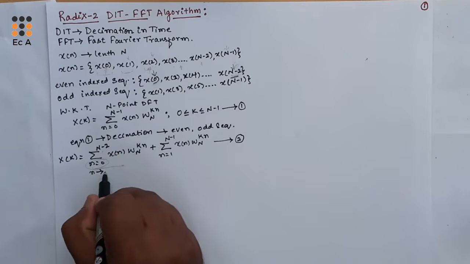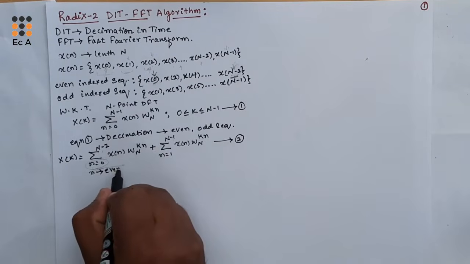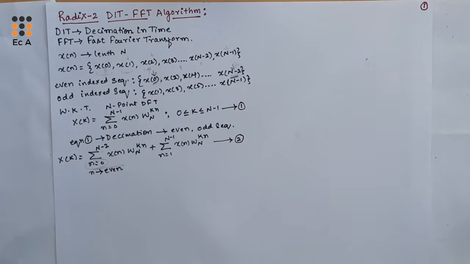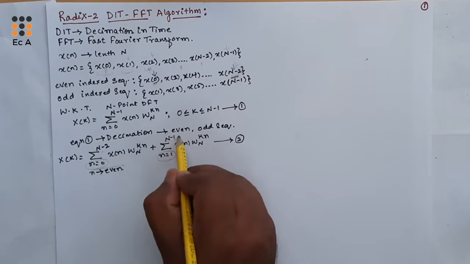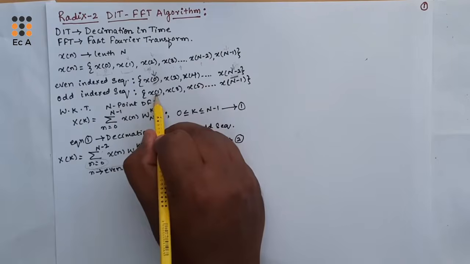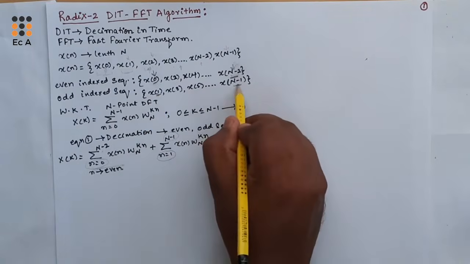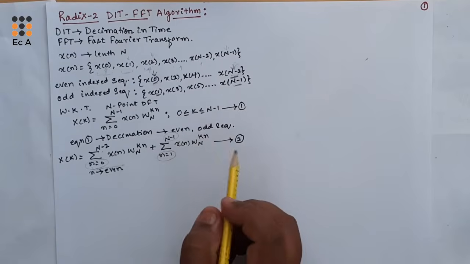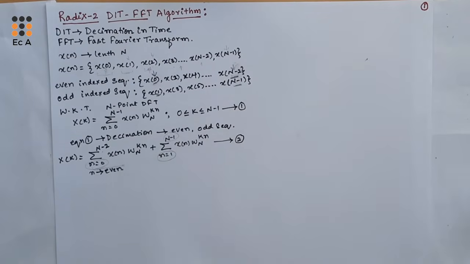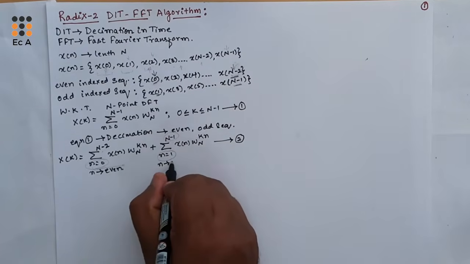Here n will be even, and for the odd indexed sequence we have taken the value of n from 1 to N minus 1. You can observe here the n value is from 1 to N minus 1. So, here n value will be odd.